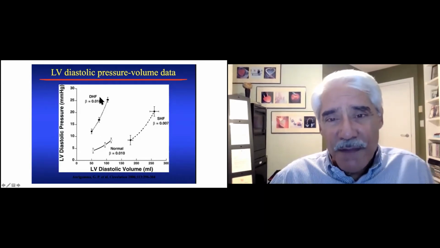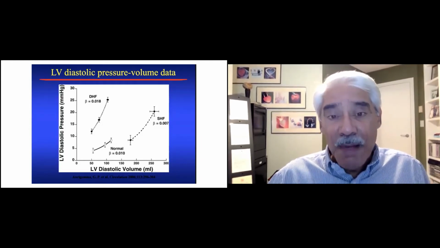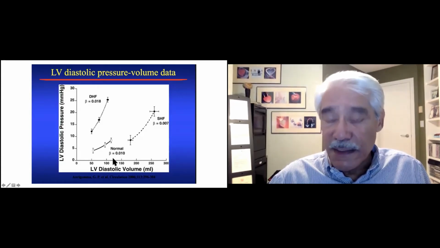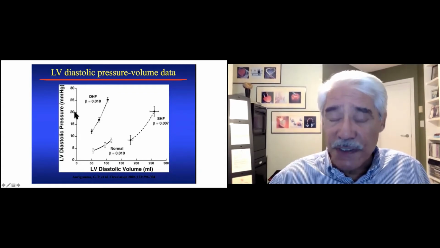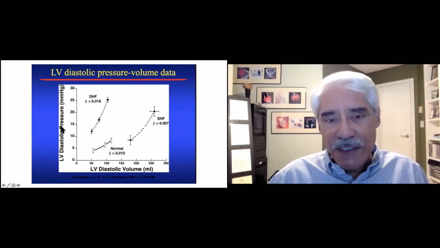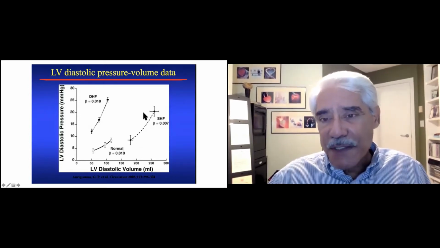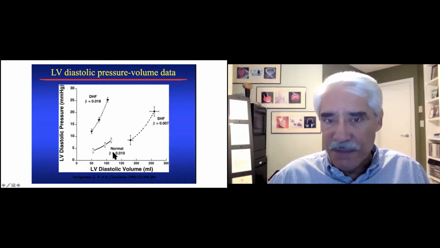Whereas if you have diastolic heart failure, what we call heart failure with preserved ejection fraction, then the pressure rises very easily and quickly with minor changes in volume. So the left ventricle may not be dilated, and often is not dilated, but the left ventricular end-diastolic pressure is significantly elevated. So this understanding of pressure-volume is extremely important if the patient has systolic heart failure or if the patient has diastolic heart failure.